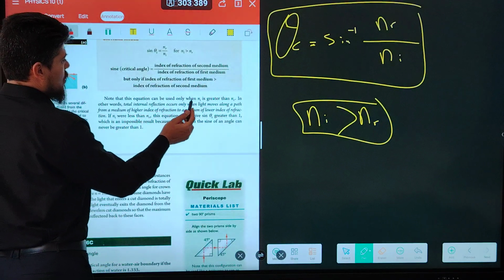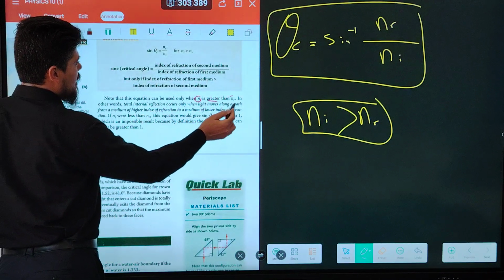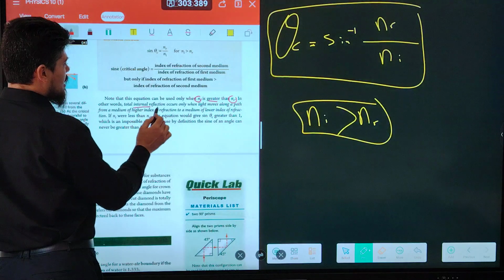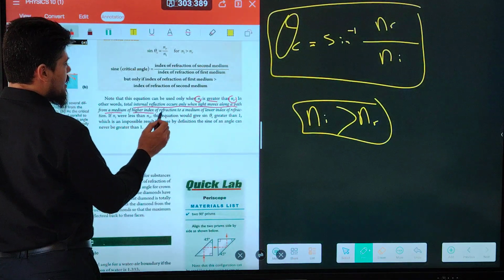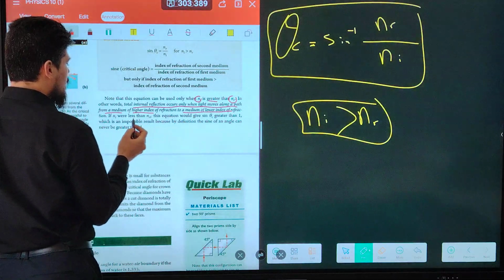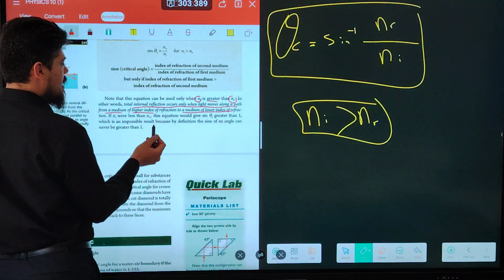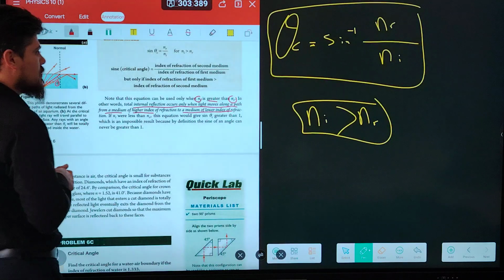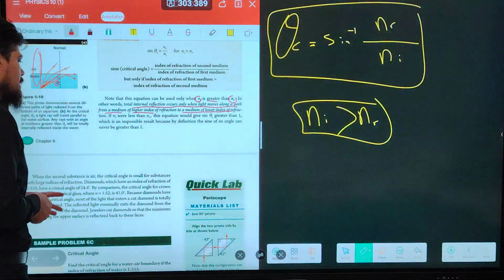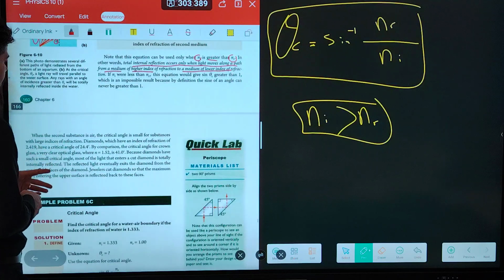This equation can be used only when Ni is greater than Nr. In other words, total internal reflection occurs only when the light moves from the medium of higher index to the medium with the lower index of refraction. If Ni were less than Nr, this equation would give sine of theta critical greater than 1, which is an impossible result because the sine of an angle can never be greater than 1.